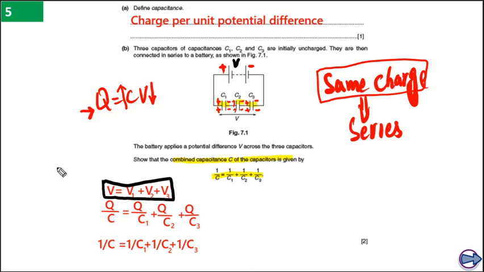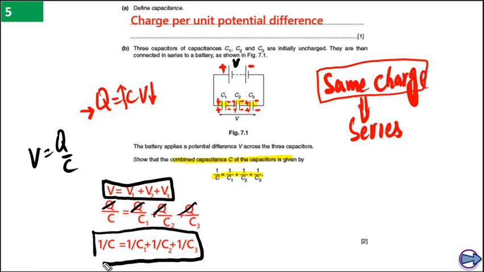As we understand, Q is equal to CV, so V is equal to Q over C, as we have written here, and Q is the same, so we can cancel Q, and our final answer is this one. This is what the question was asking us to show.